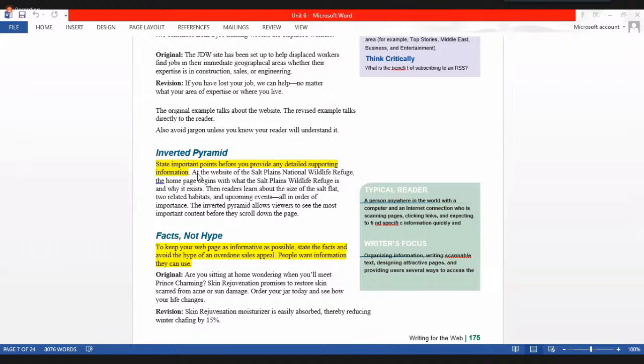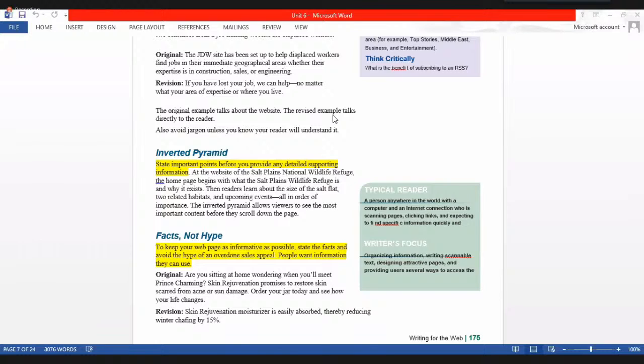So here, while writing the text, at first you mention the important points, so that the points catch the attention of the readers, isn't it? So that's why state important points first, and then you give the details. Because if those points are interesting and can attract the attention of the readers, then the readers will read further.